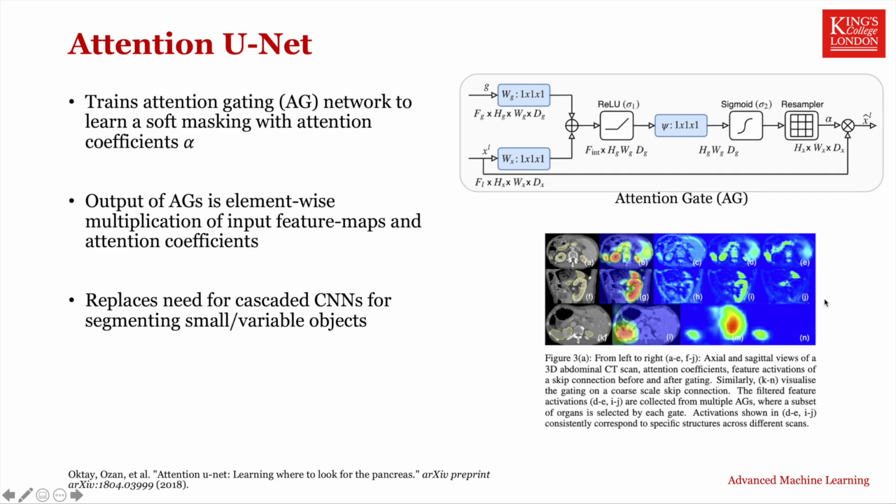Where in this figure we can see the attention coefficients in the second column and network feature activations before and after gating in the third and fourth columns. This network design avoids the need for cascaded networks, which previously had been considered standard for segmentation of difficult objects, due to the need to have one network to localize the object and another to segment.